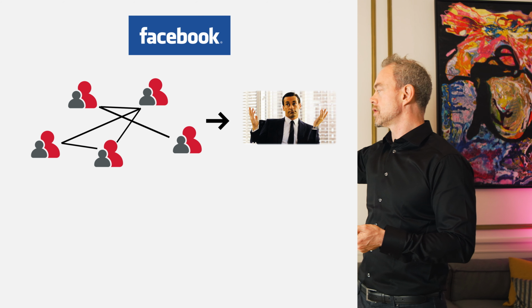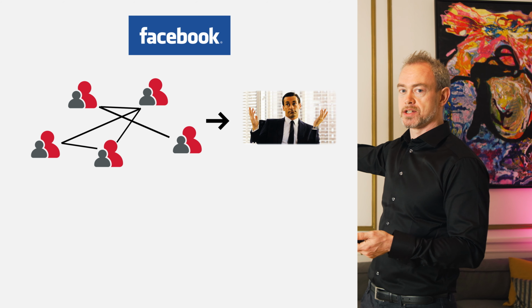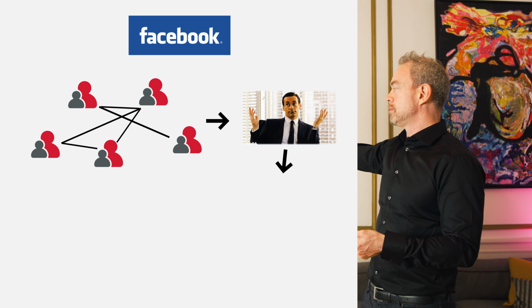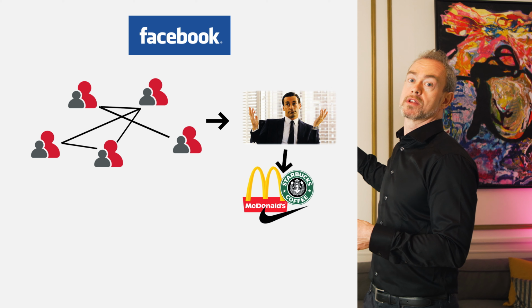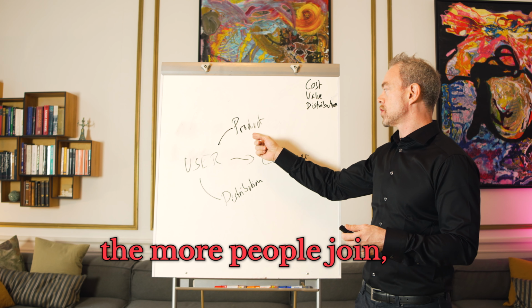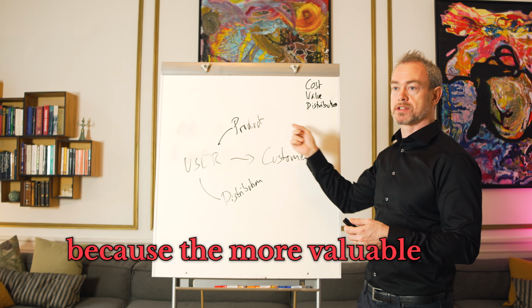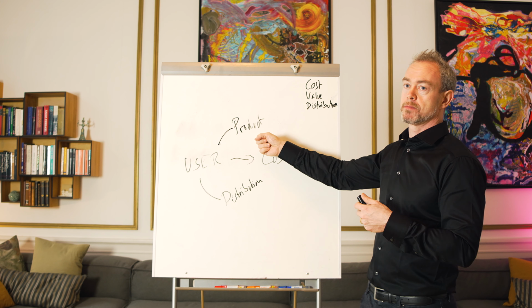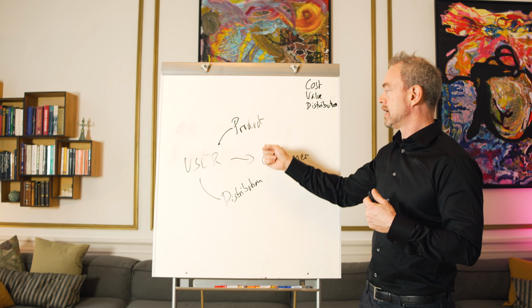So we're taking the users, we're creating the eyeballs or the attention, and then we can run paid media on it. That paid media is then sold to whoever wants to sell something on Facebook. But the core is that the more people join, the more it is actually worth, because the more valuable it is for me as an advertiser to go to Facebook and market there.